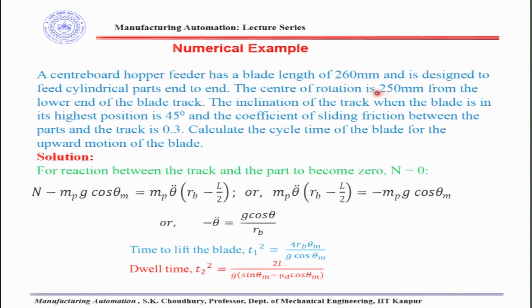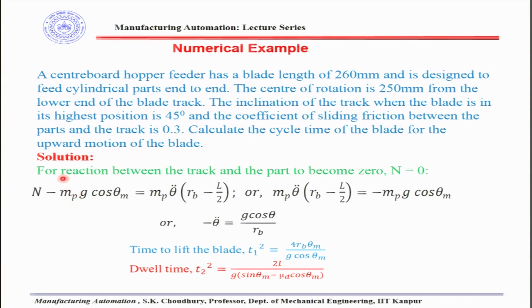The center of rotation is 250 millimeter from the lower end of the blade track. This is the pivot, the lower end. The inclination of the track when the blade is in its highest position is 45 degree, and the coefficient of sliding friction between the parts and the track is 0.3. Calculate the cycle time of the blade for the upward motion of the blade.